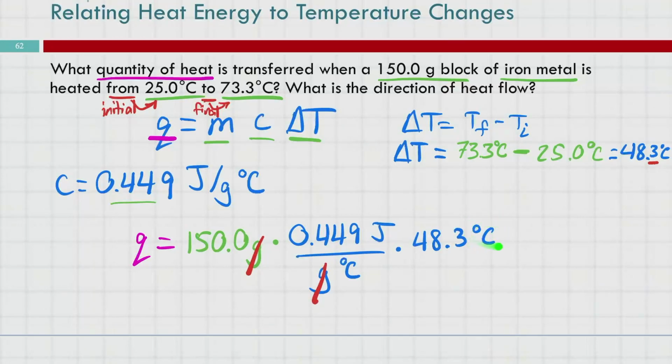We've got degrees Celsius on top, degrees Celsius on bottom. So those cancel. And we're left with joules. Joules is a unit of heat. So that's good. We can plug in 150 times 0.449 times 48.3. 3,253.005 joules.